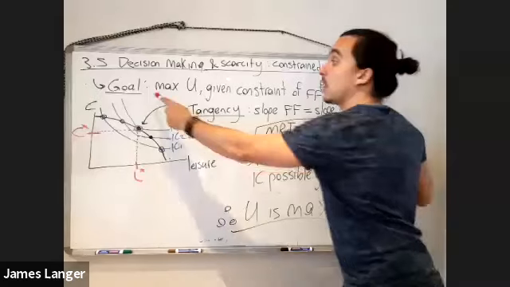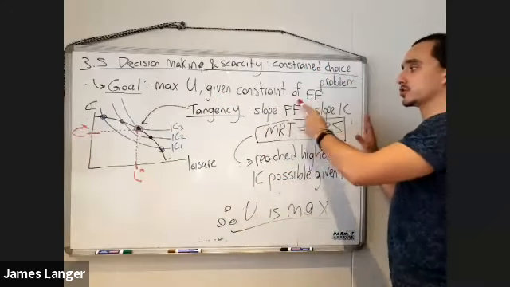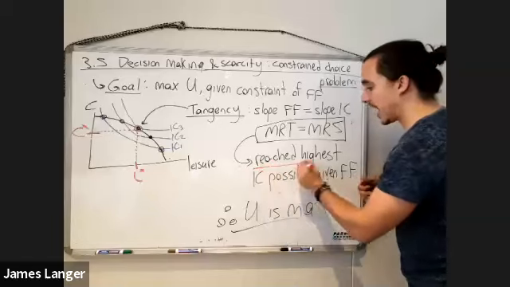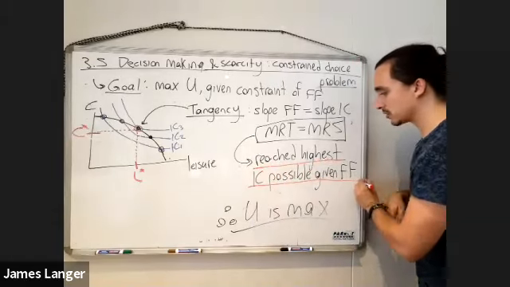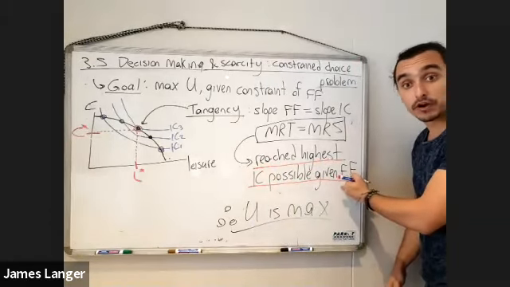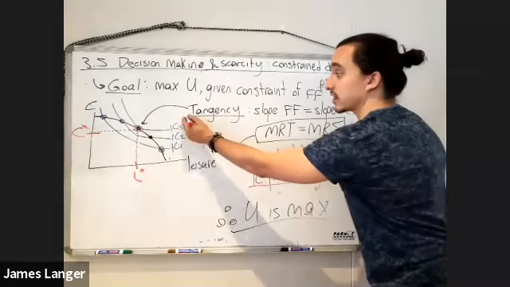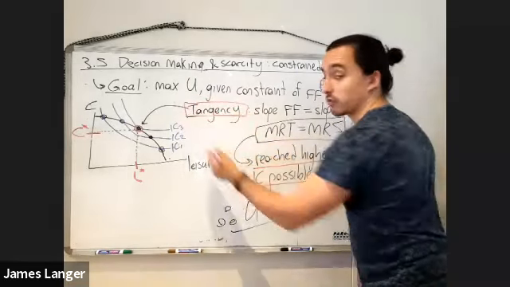So I'm going to go back into that. I'm going to say the goal is to maximize utility given the constraints of the feasible frontier. So we want to reach the highest indifference curve possible given the feasible frontier. And we know we've reached that when we get to our tangency point, right?